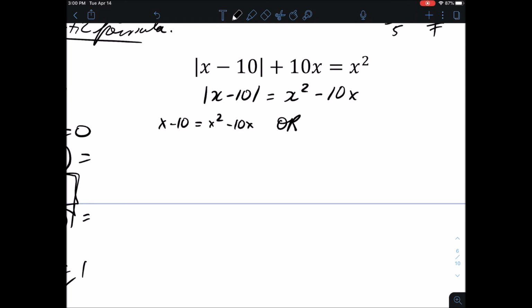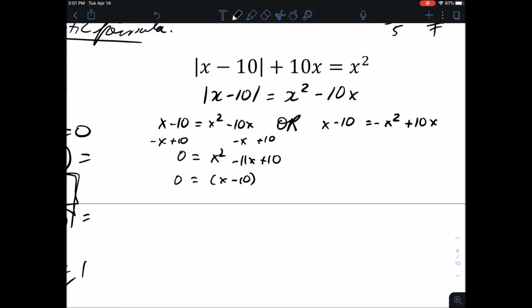And now either x minus 10 is x squared minus 10x, or x minus 10 is negative x squared plus 10x. And now I have two quadratic equations. So this one, I'm probably going to move these two factors over here and get 0 is x squared minus 11x plus 10. And I'm going to factor that, x minus 10, x minus 1. So I get the answers 10 and 1.